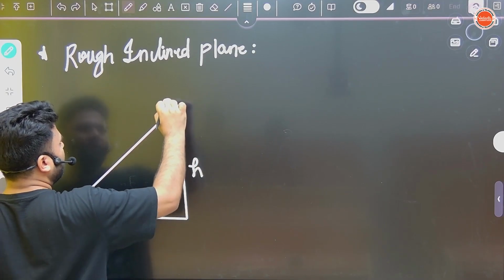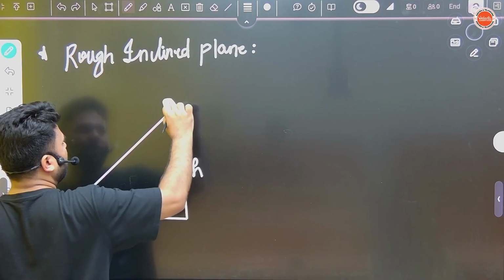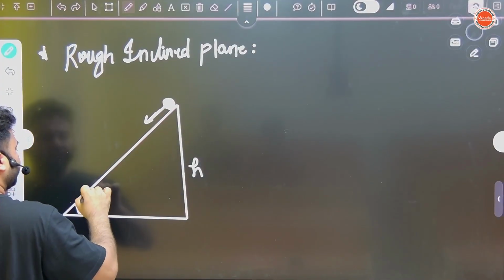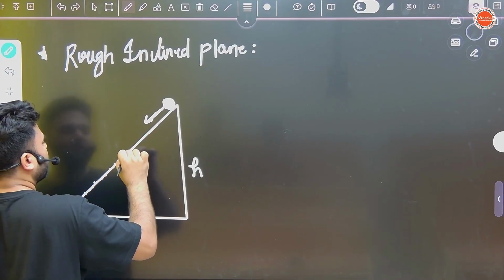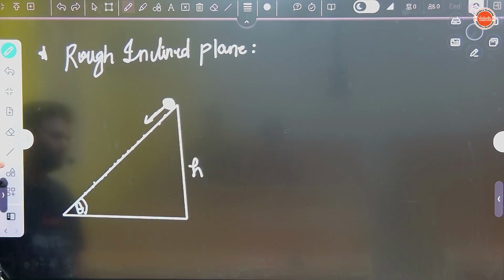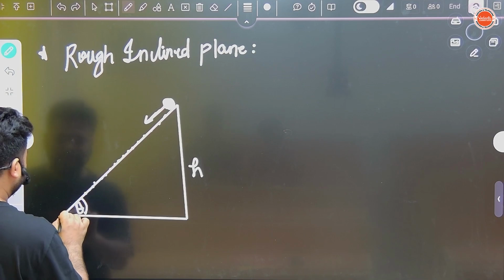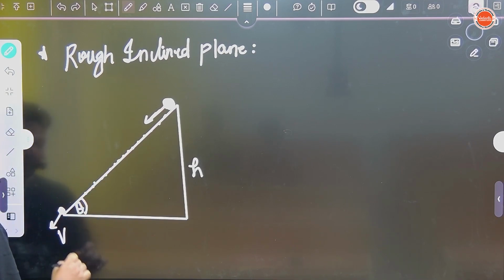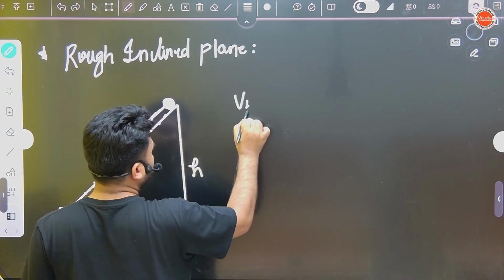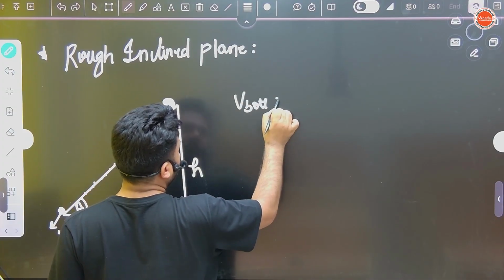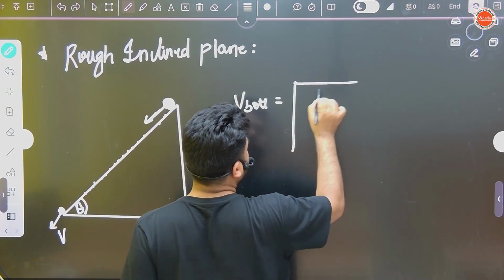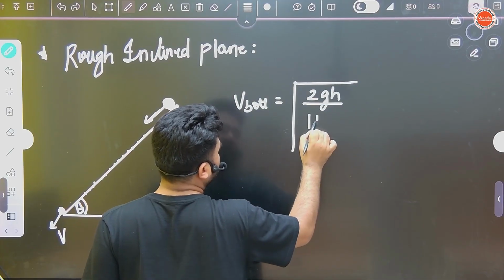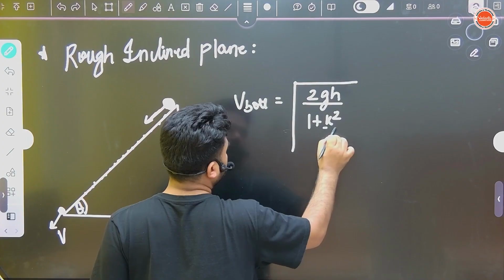You are releasing any ball or any object like this, and this plane is rough. Then they ask the same question. What is the velocity at the bottom? So for the velocity at the bottom, you write the formula under root 2gh divided by 1 plus k square by r square.